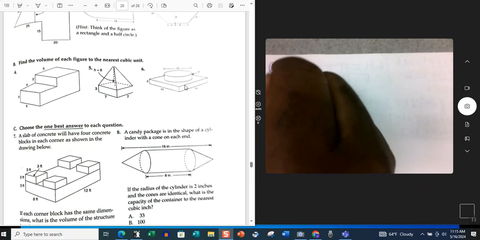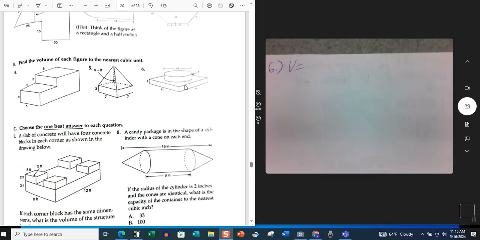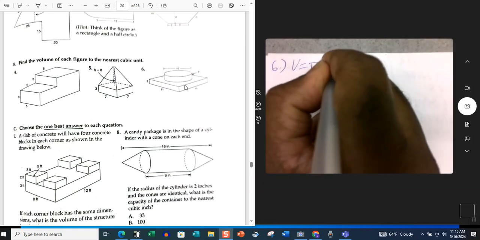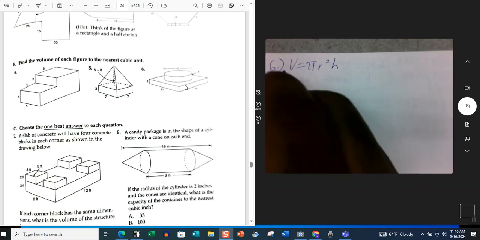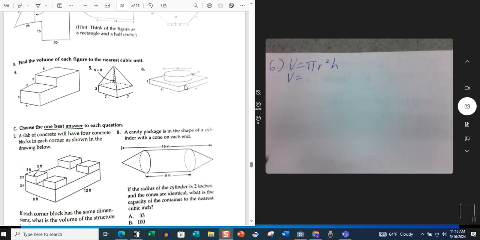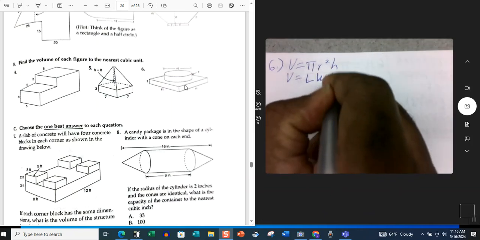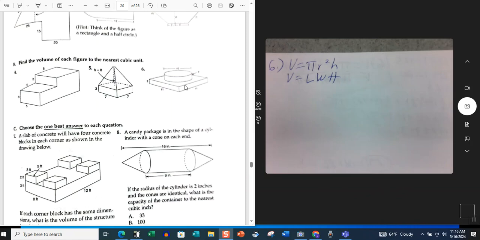So the formula for the cylinder, again, if you don't have it written down, you look back on page 398, and the volume of a cylinder is pi radius squared times the height. And then we have a rectangular prism, which is volume is equal to length times width times height.